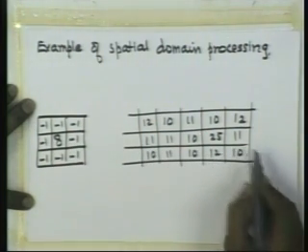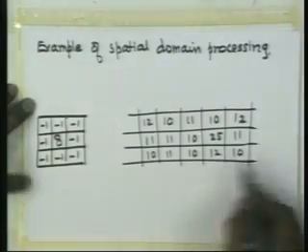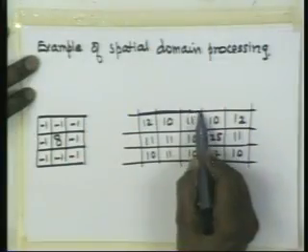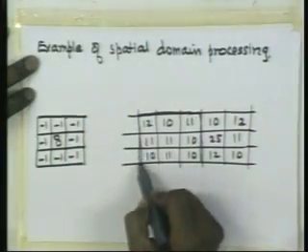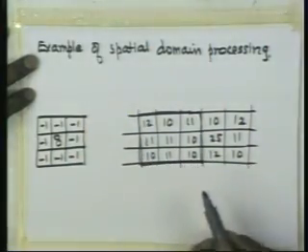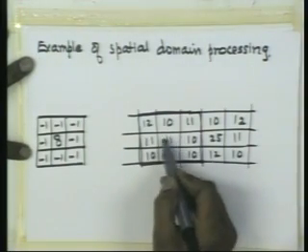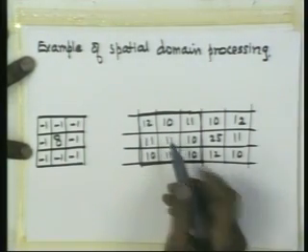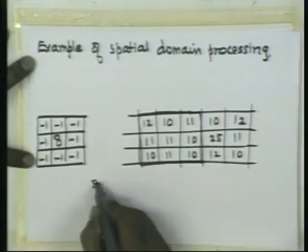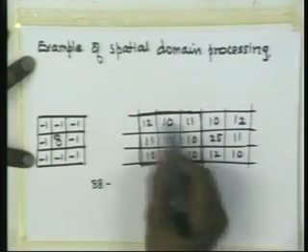I'm just, this is typically what the image will be in the computer, right? This is a set of intensities which are there in different pixel locations. So now if I fit this mask on the 3 by 3 area here, okay, what I'll be doing is essentially multiplying the middle pixel intensity by 8, so I will have 88, and from that I'll have to subtract out all these things.